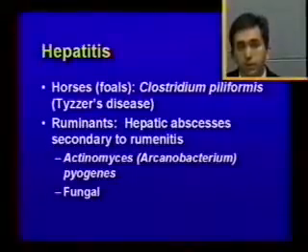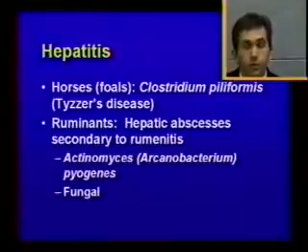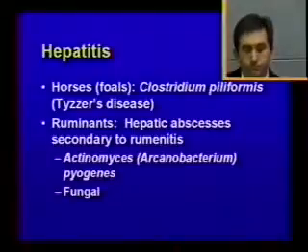This is one of the bacterial agents that has changed names in the past 5 years. And there are several that I'll mention during the course of this talk, and I'll try to emphasize both the old name and the new name. The name of the disease in foals that is due to infection by this bacterium is known as Tyzzer's disease. It enters the body through the intestinal tract and then migrates through the portal blood into the liver.